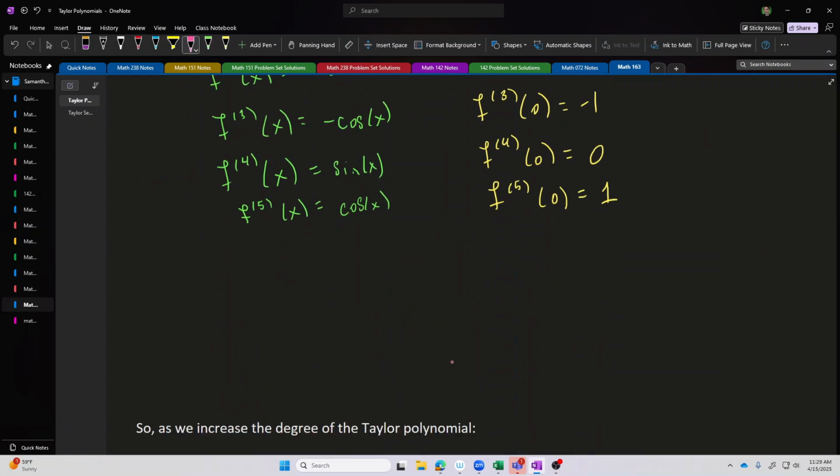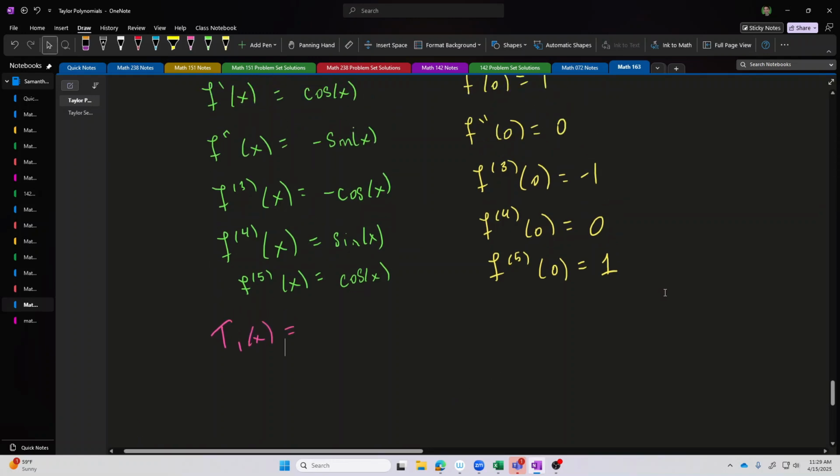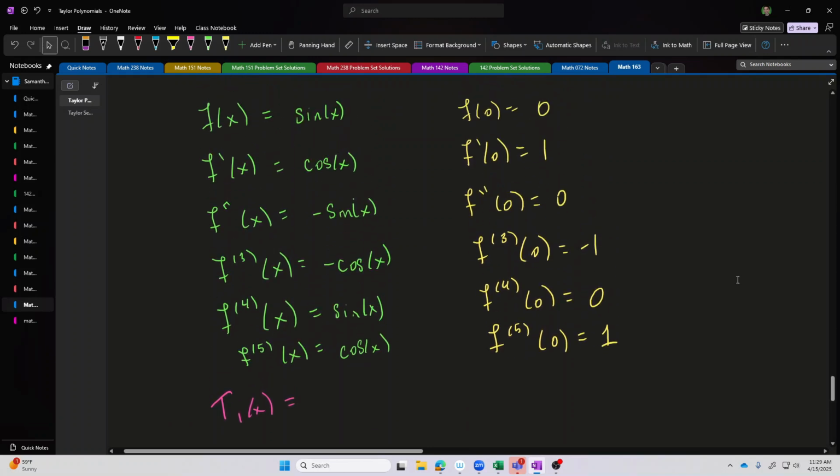So the Taylor polynomial of degree 1 is just the same thing as the linear approximation. You can build it by taking the output of the original function and then taking the output of the first derivative and multiplying it by one copy of x minus 0. So this simplifies just to x.